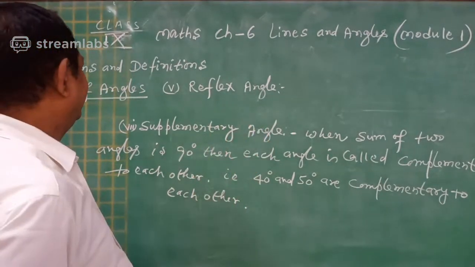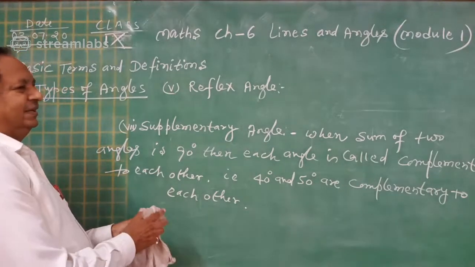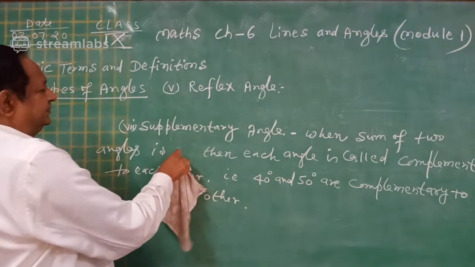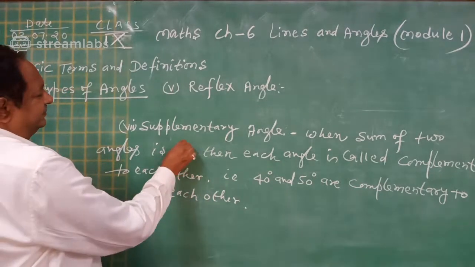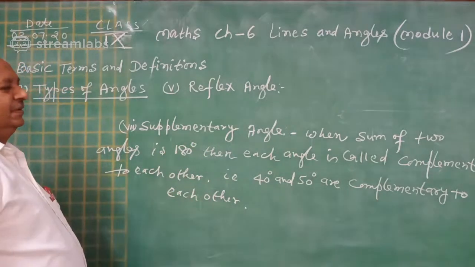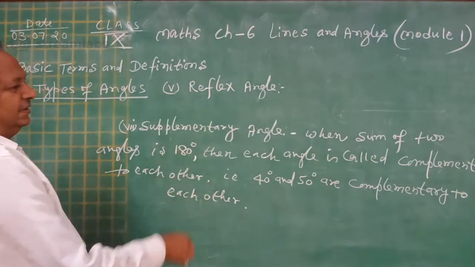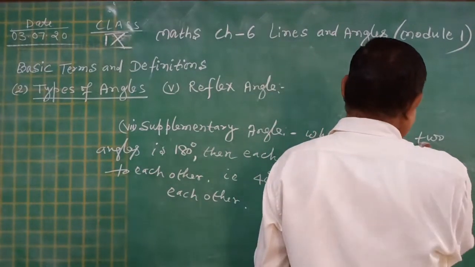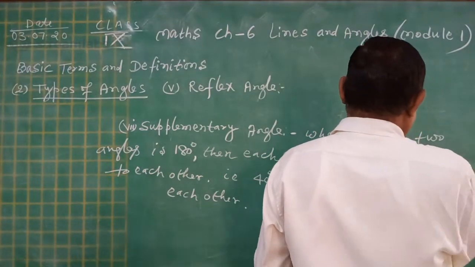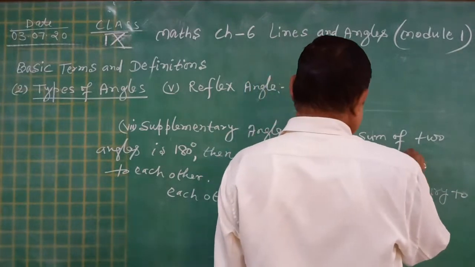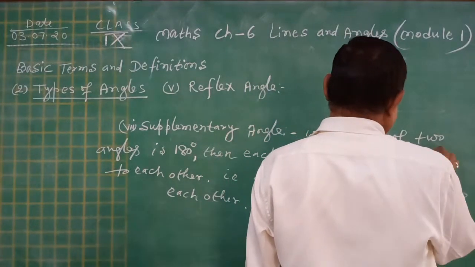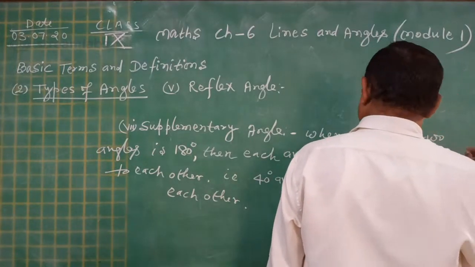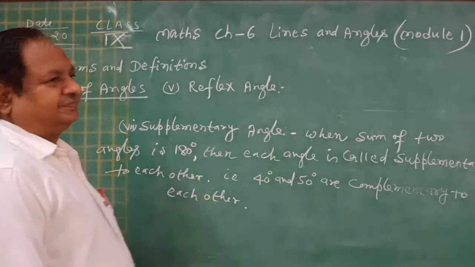When the sum of two angles is, in place of 90, you write 180 degree, then each angle is called supplementary to each other.